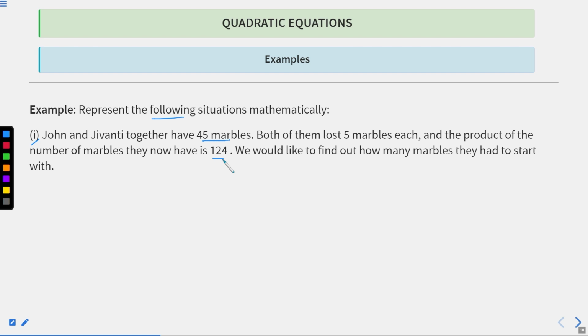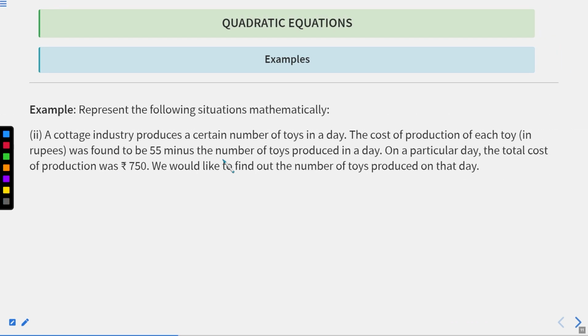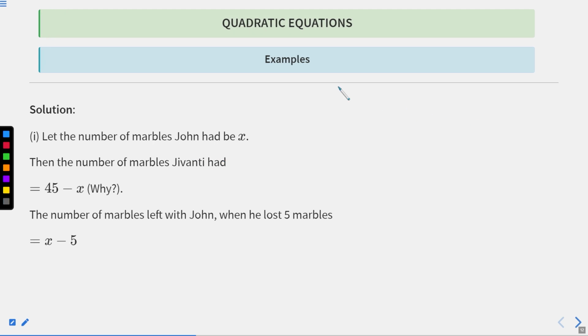We would like to find out how many marbles they had to start. Here we'll see how we can represent this situation mathematically.